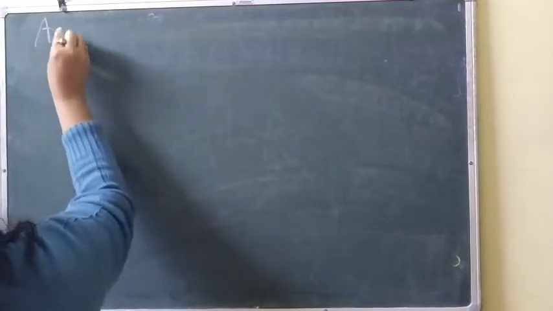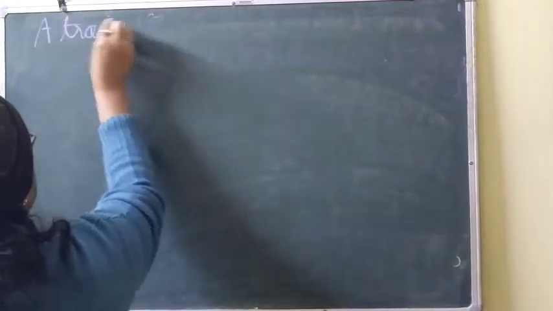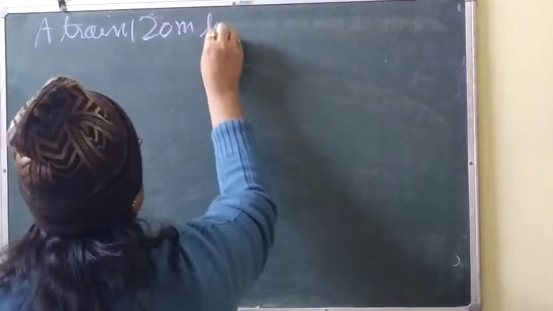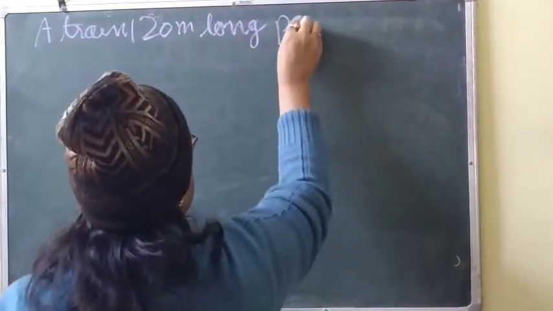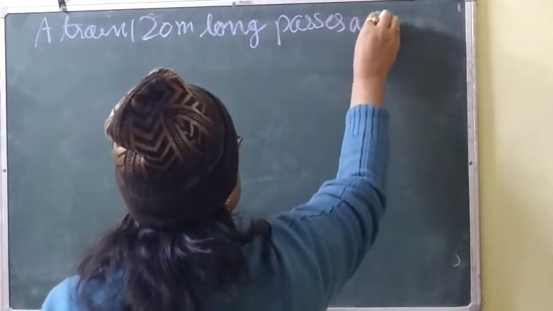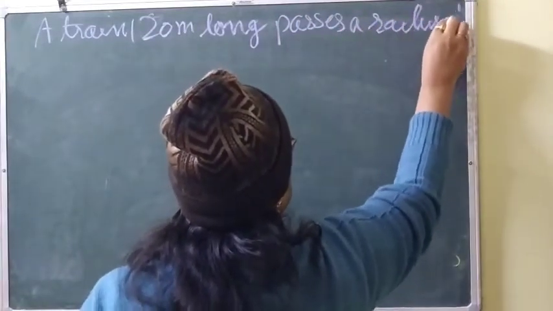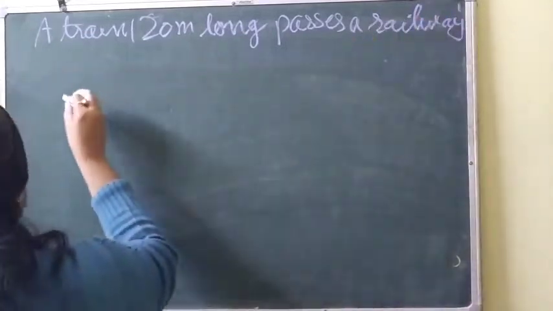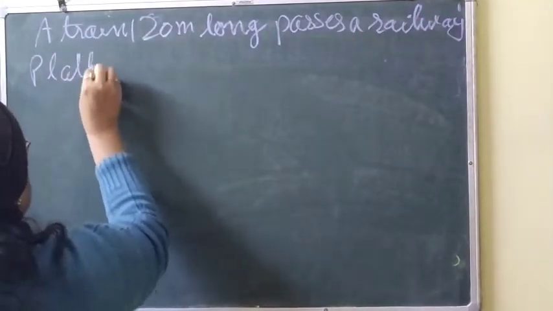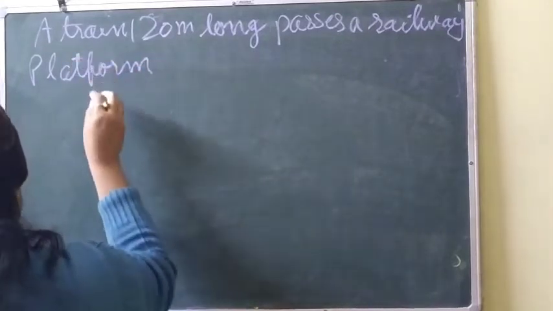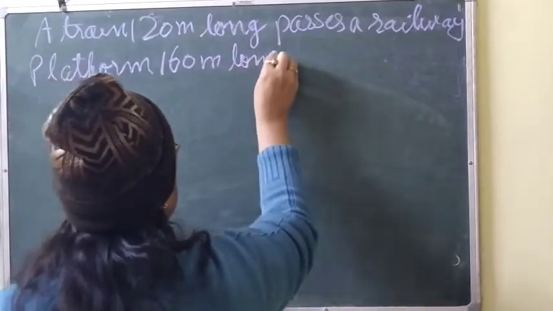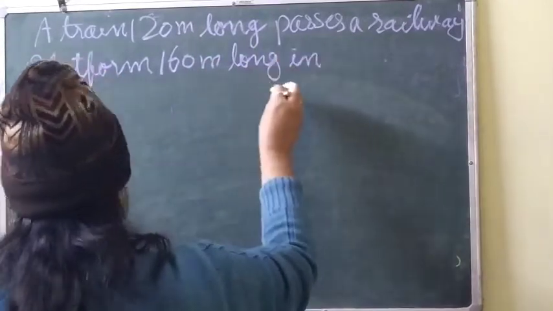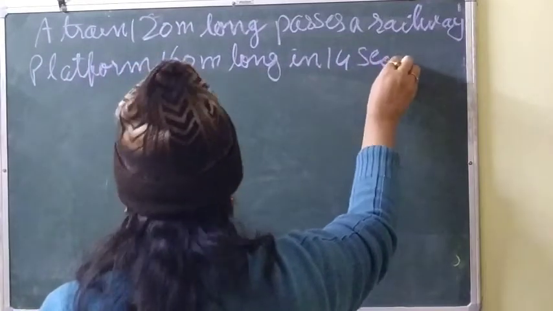Question number 1. A train 120-meter long passes a railway platform 160-meter long in 14 seconds.